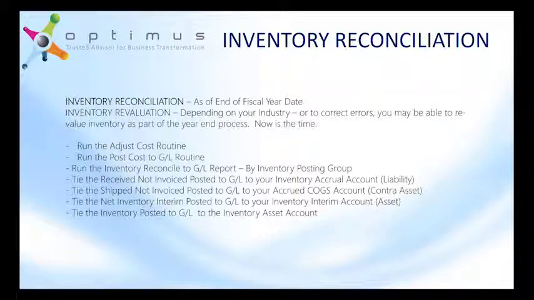Now, also we need to run the inventory reconciliation as of the end of the fiscal year date. And another process that we call the inventory revaluation, which is always very important for all the closing activities for every month, and is not an exception for the last close of the year.